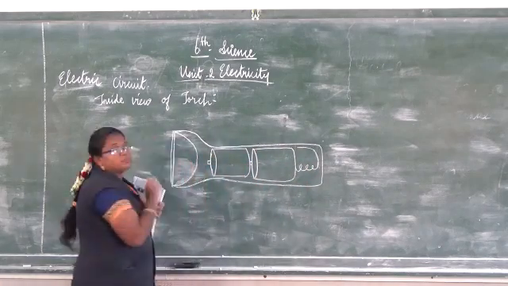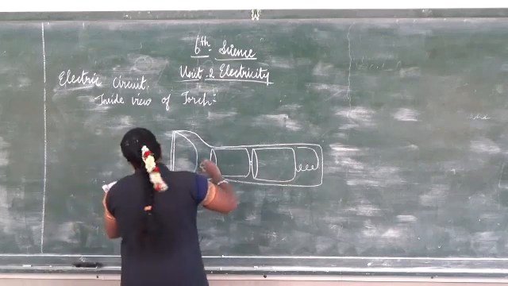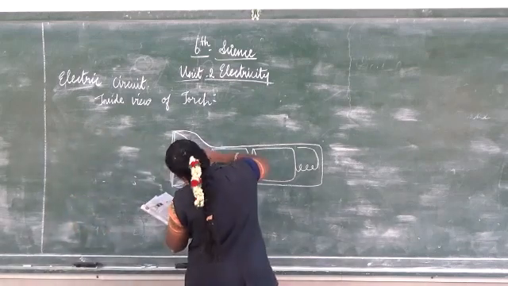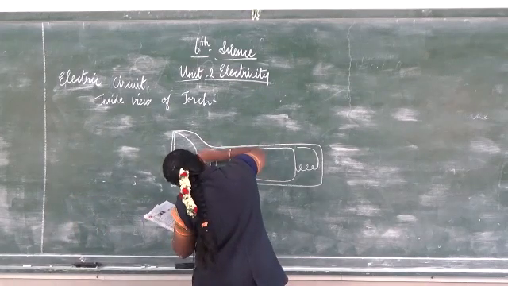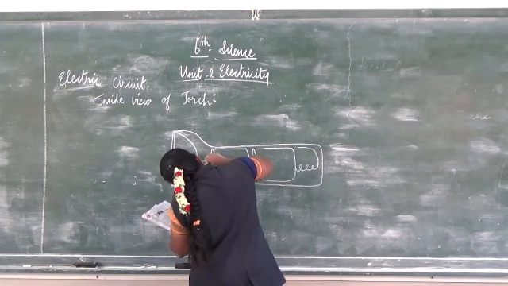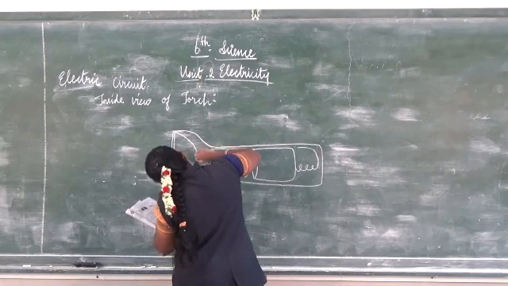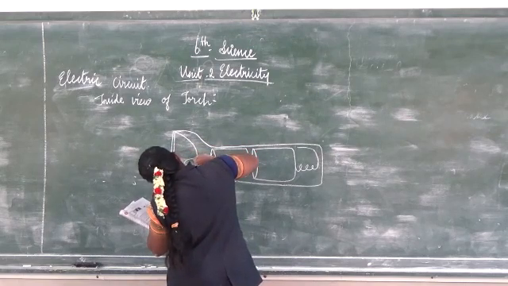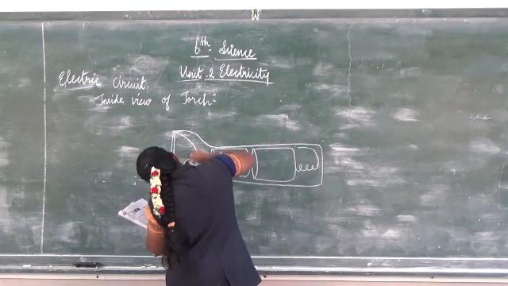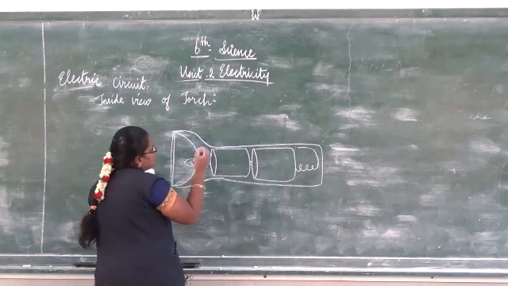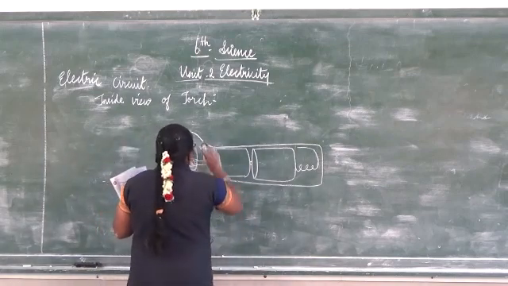The carbon top only is the positive one. Understand? Then we are taking a bulb here. Okay, bulb. Then what happened here also?